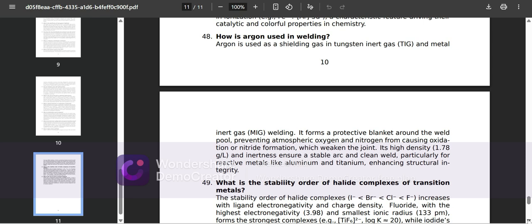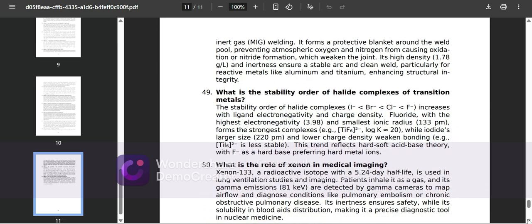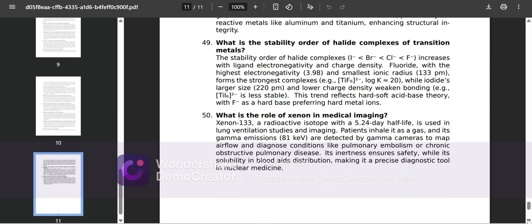Its high density, 1.78 grams per liter, and inertness ensure a stable arc and clean welds, particularly for reactive metals like aluminum and titanium, enhancing structural integrity.